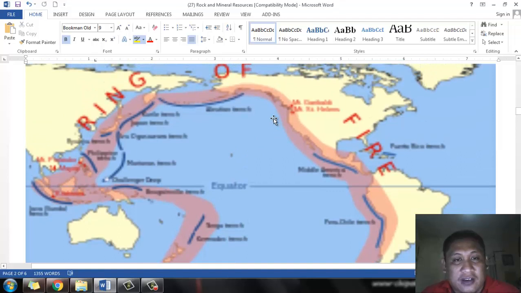So if you can still recall, this is the map of the Earth. The Philippines is over here. This region over here is filled with different volcanoes. So most of these countries that are lying in the Pacific Ring of Fire, we call it the Ring of Fire because there are many volcanic activities in this region, and sometimes earthquakes could take place because of the tremendous pressure generated from the heat within the ground.